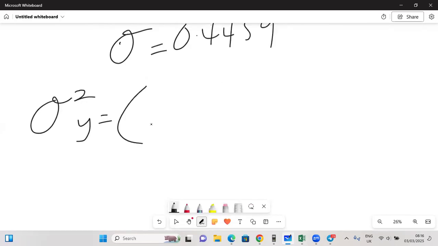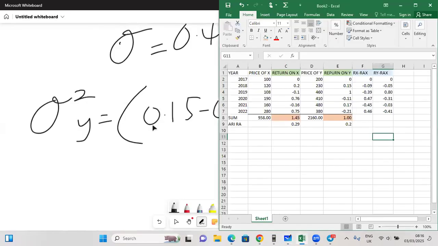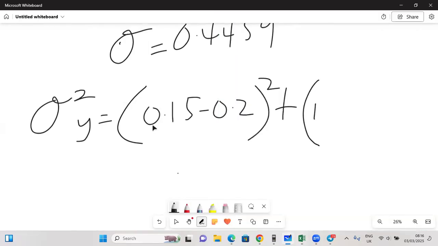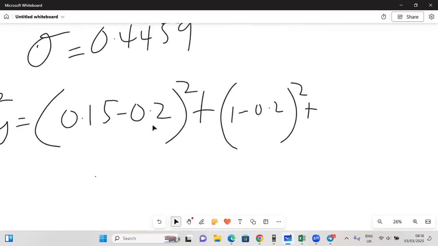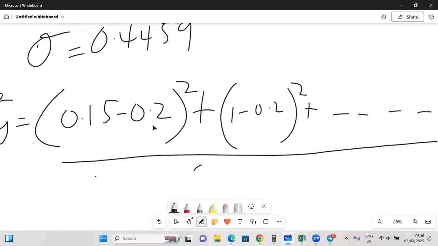So we're going to do the same thing here. The first one is 0.15 minus 0.2 squared plus the second one, which is 1 minus 0.2 squared plus the next one, and it follows like that until you finish. Remember, n is still 5 minus 1.